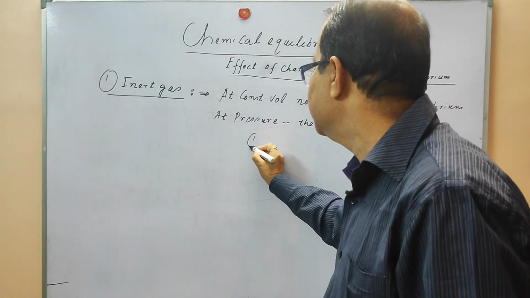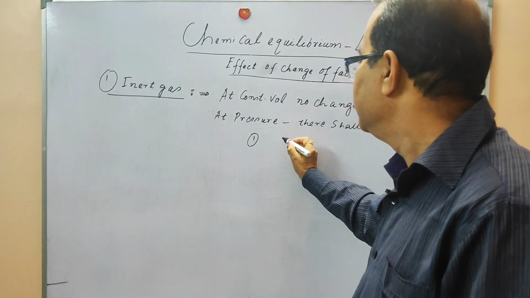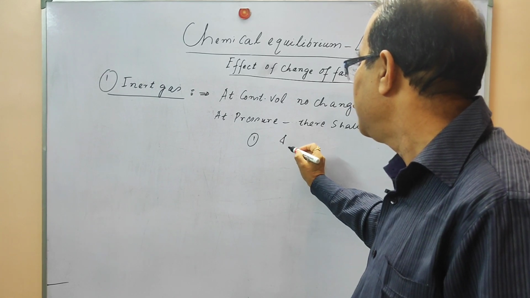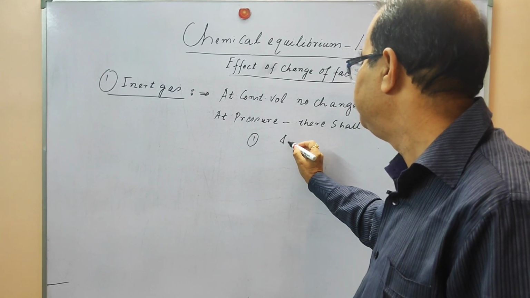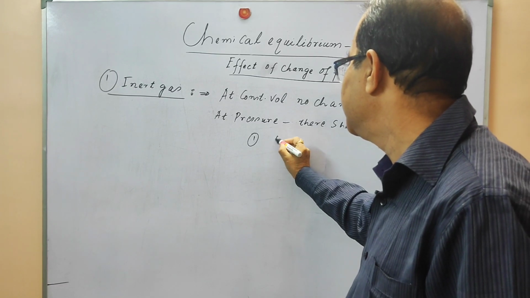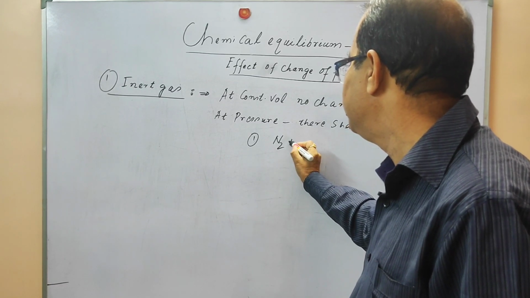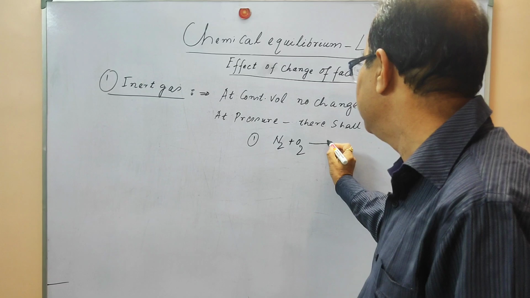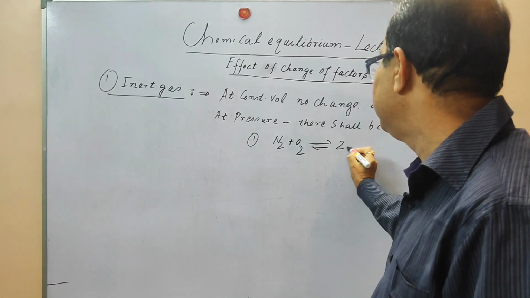Two cases arise. Number one, where the total number of moles is the same. For this reaction, suppose N2 plus O2 gives 2NO.